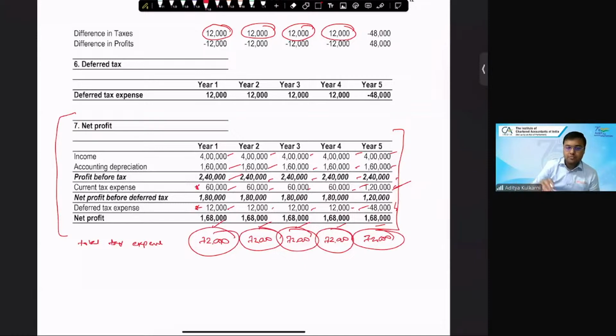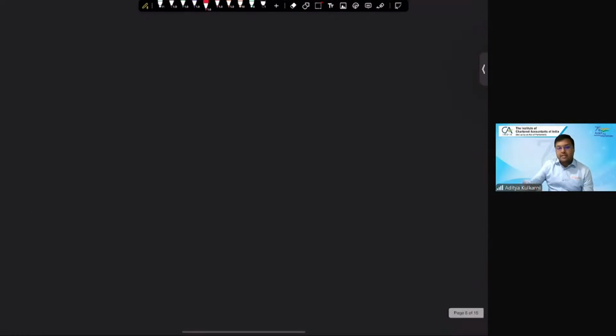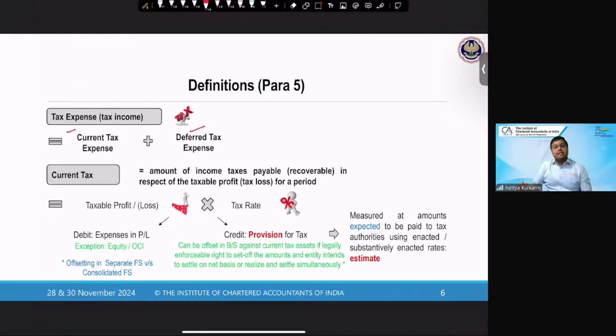So these two items put together make up your tax expense. In rare cases, it could be negative, in which case it becomes a tax income. Are we able to follow? Yes. This is something we have already seen.